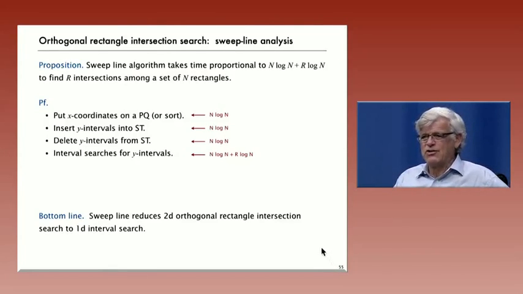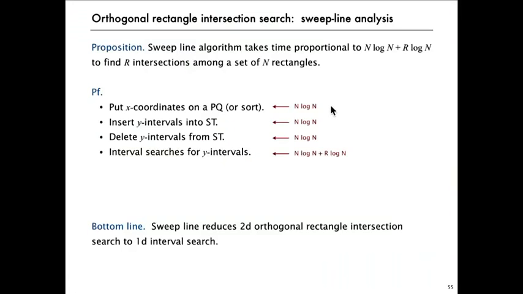So again, just as with line intersection search, using a priority queue or a sort is only n log n for processing the x coordinates. And because interval search trees take log n for every operation, the insert and delete intervals is n log n total, and the searches is n log n plus r log n.